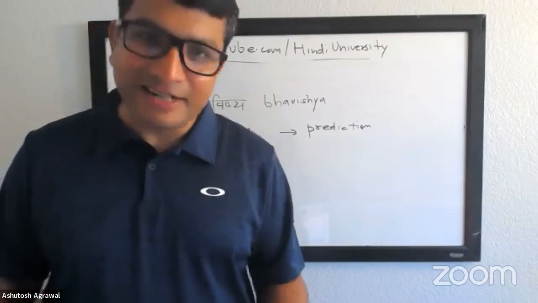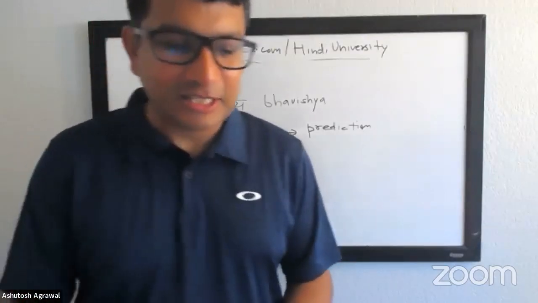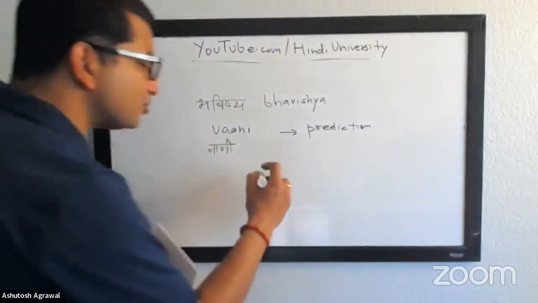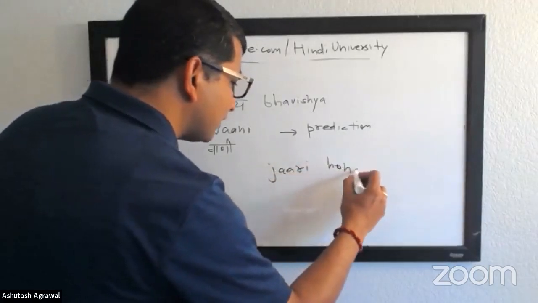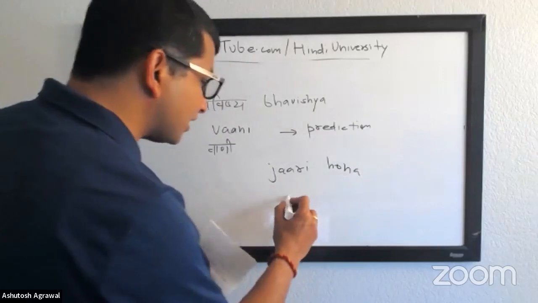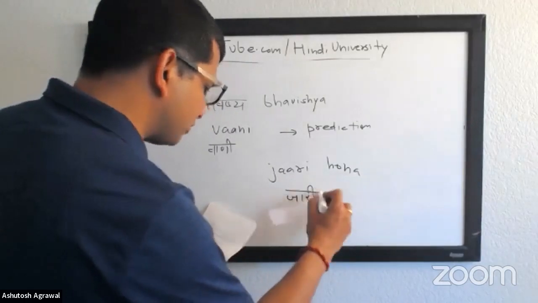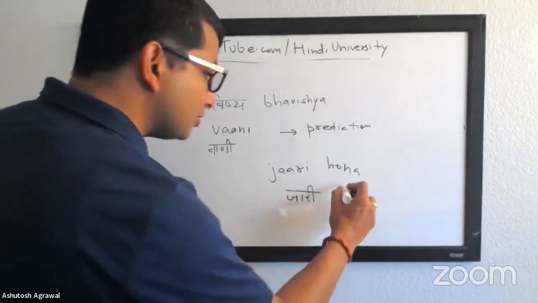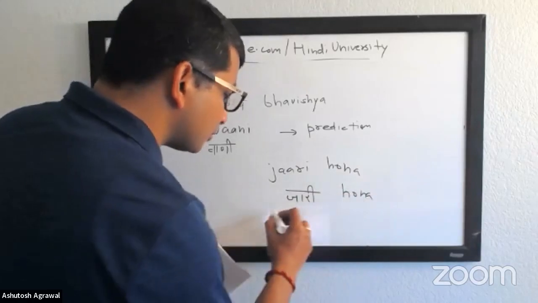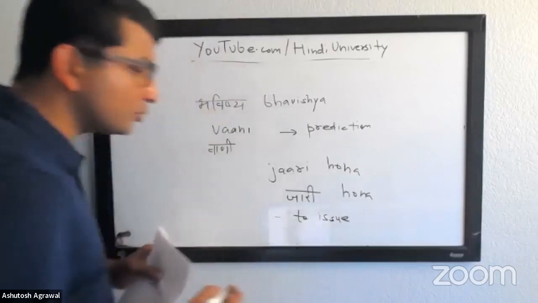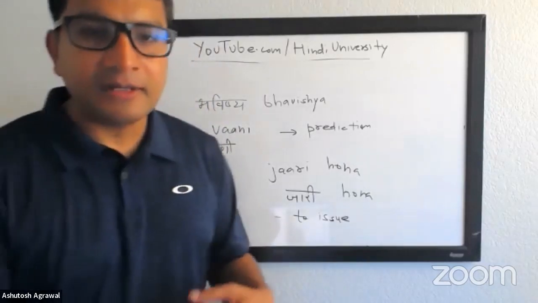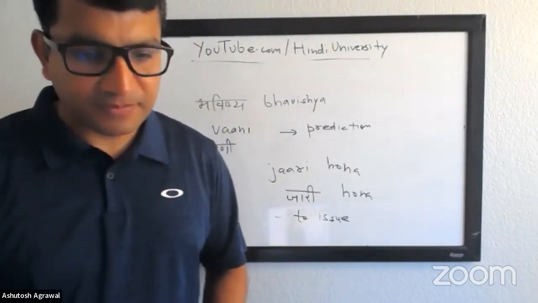Very good. ID card is ID card. The verb here is jari hona, which is to issue. To issue an identity card is identity card jari hona, right?